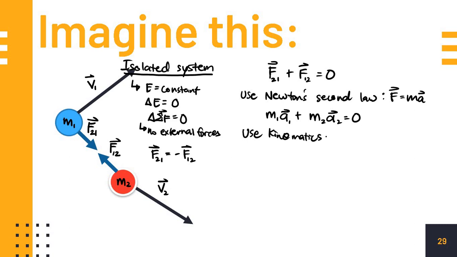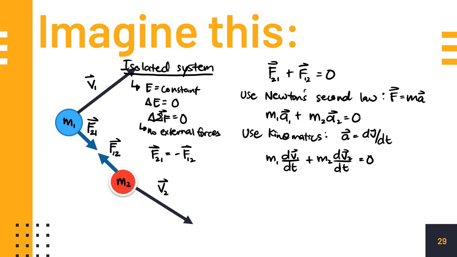Using kinematics, acceleration is equal to dv over dt, the derivative of velocity with respect to time. So our equation will become: m sub 1 times dv1 over dt plus m sub 2 times dv2 over dt is equal to 0.